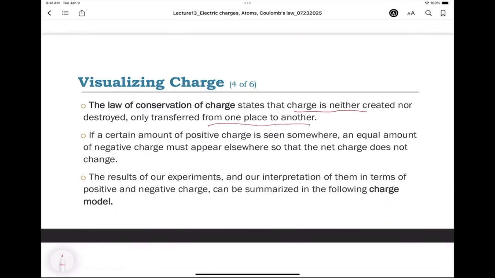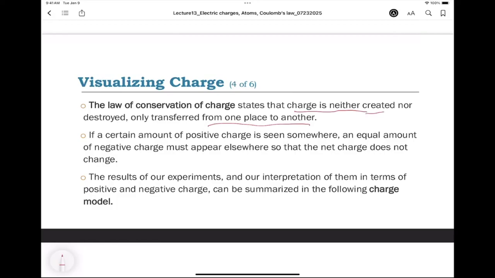One very simple example: when you charge your phone, the electricity is not created. It just comes from the power station to your house or apartment. The charge is not created or destroyed.